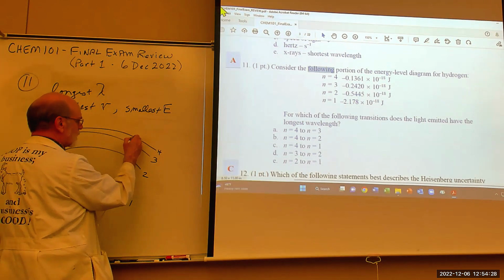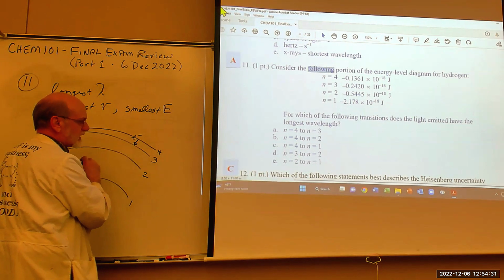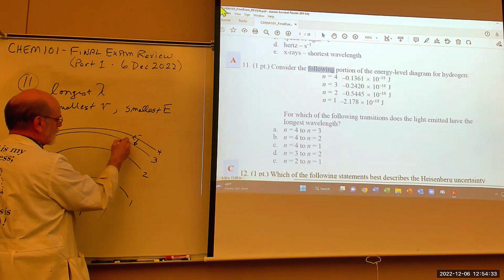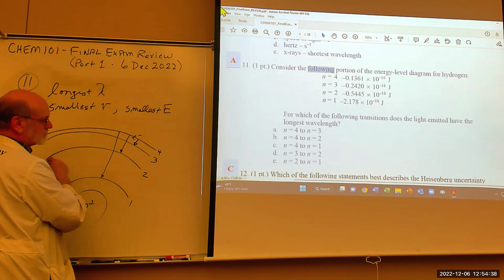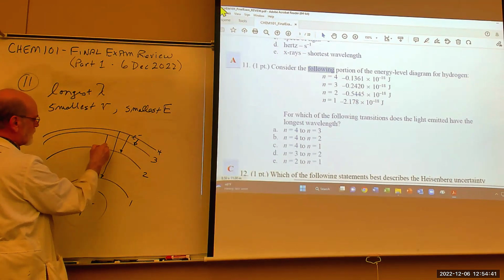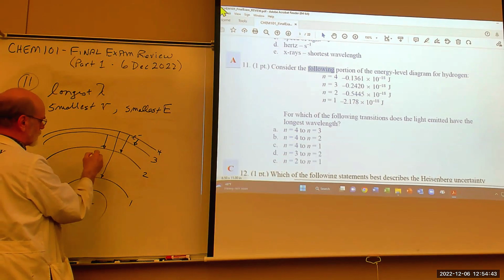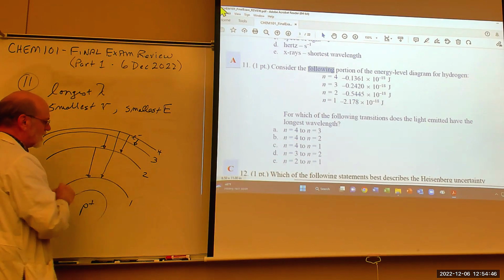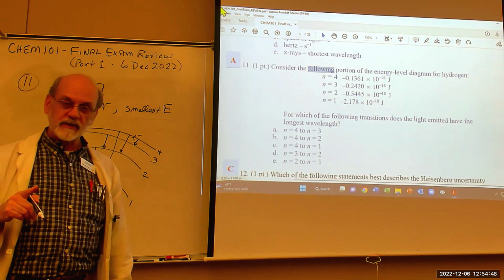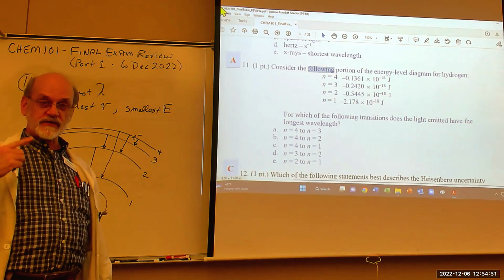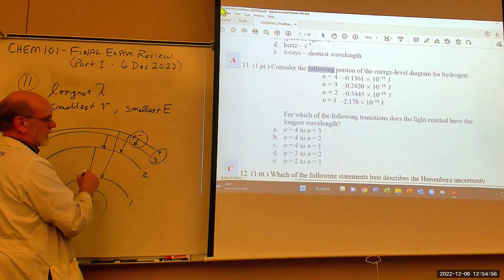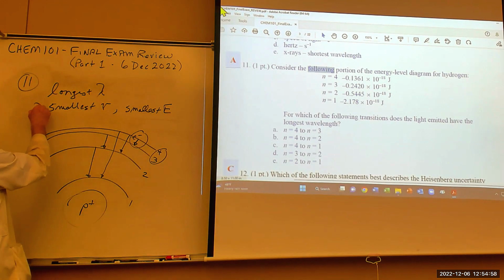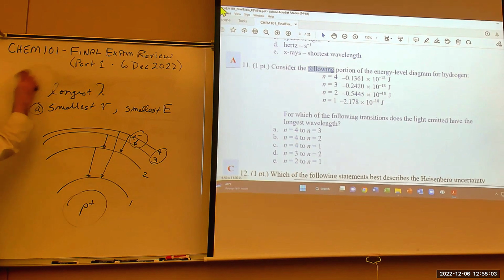So if an electron jumps from 4 to 3 versus 4 to 2 versus 4 to 1 versus 3 to 2 versus 2 to 1, which one is the shortest jump? That will give you the longest wavelength because it's the lowest energy. It's this one right here. 4 to 3, which would be A. Okay. That's number 11.